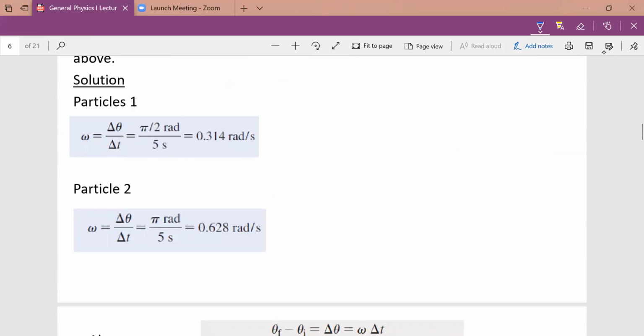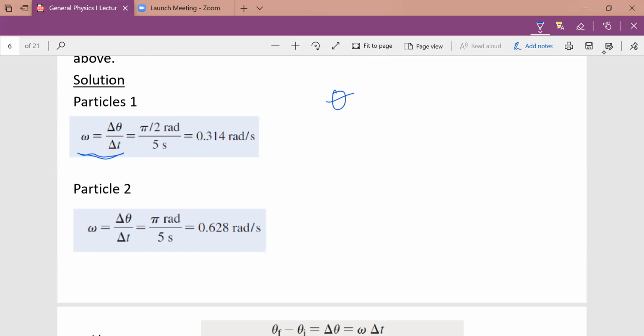If we adopt the formula that says angular velocity is equal to the change in angular displacement over time. Remember that theta is actually angular position, so displacement is the change in position.